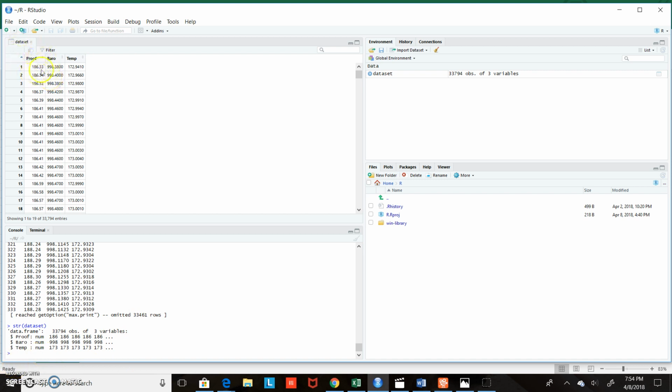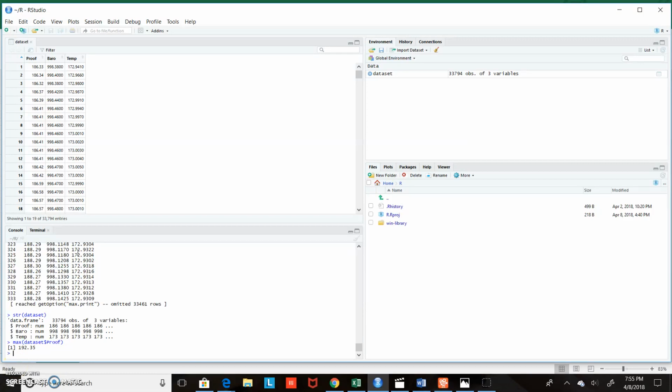For the alcoholic proof, it would be very relevant to find the highest proof that we can get from this alcohol. So let's use the max function to find the proof of the alcohol. Okay, so we see that it's 192.35 proof by volume.